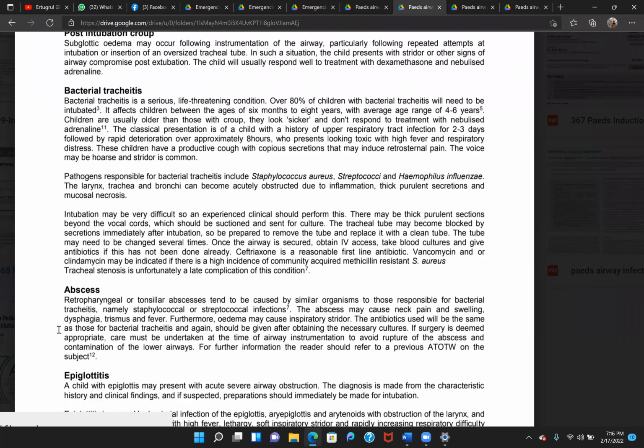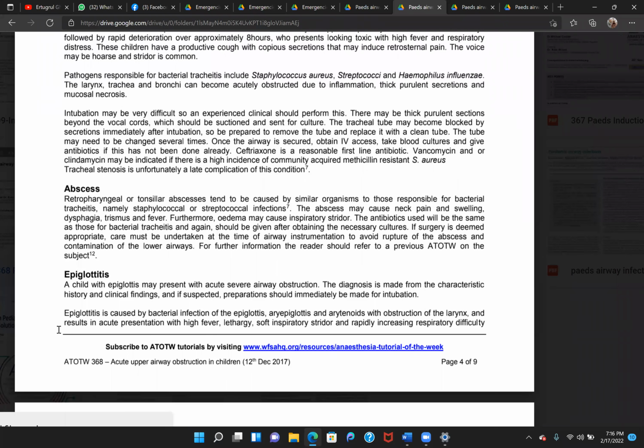You should not wait for the abscess or the edema to progress. Similar is the theory in case of burn or airway inhalational injury. If it is like that, you will be securing the airway at the earliest possible time.